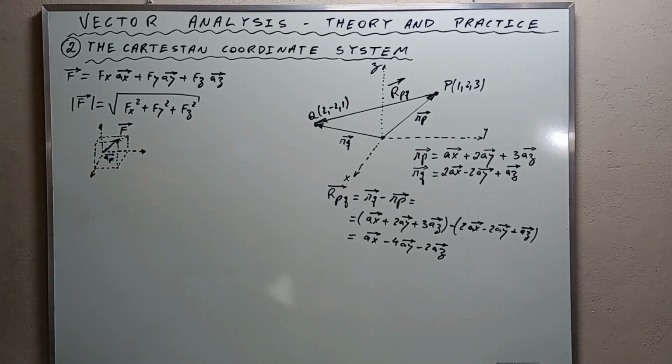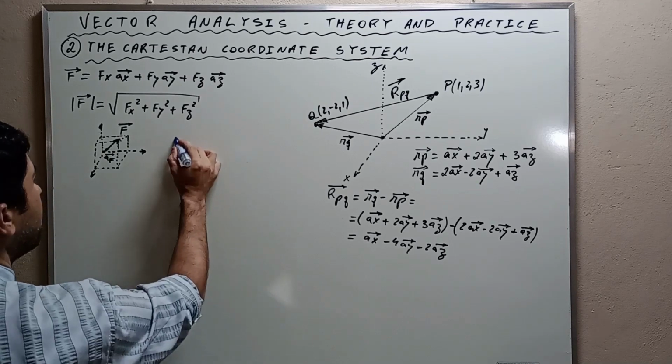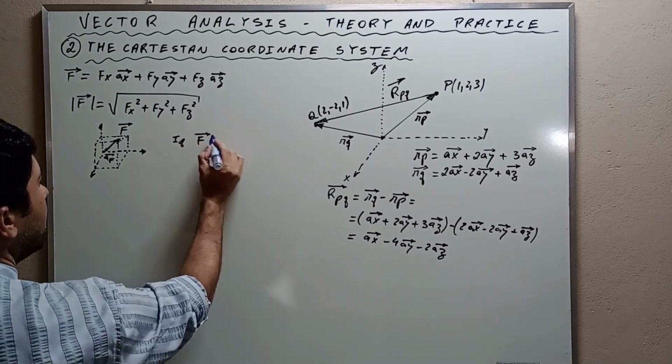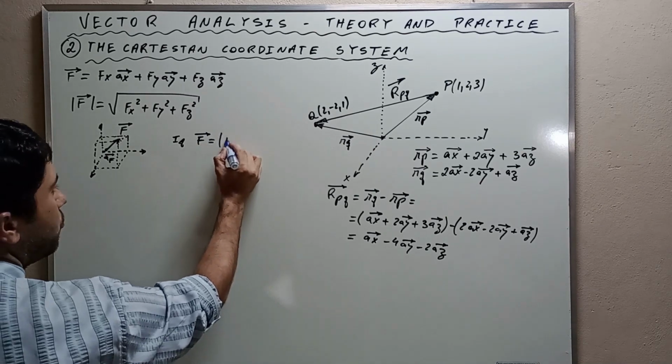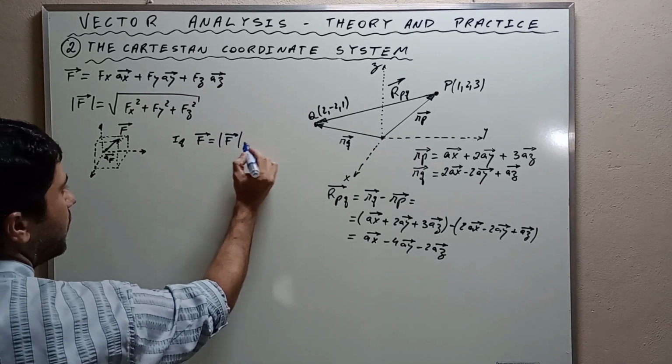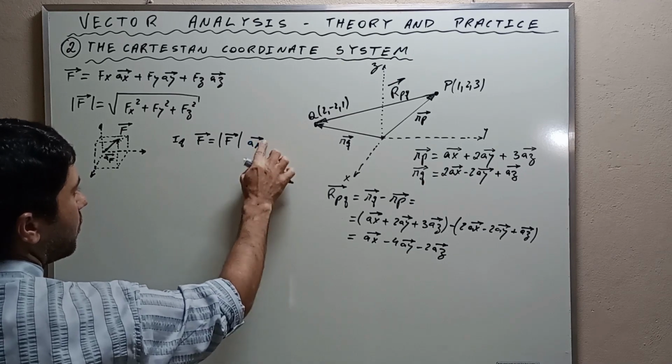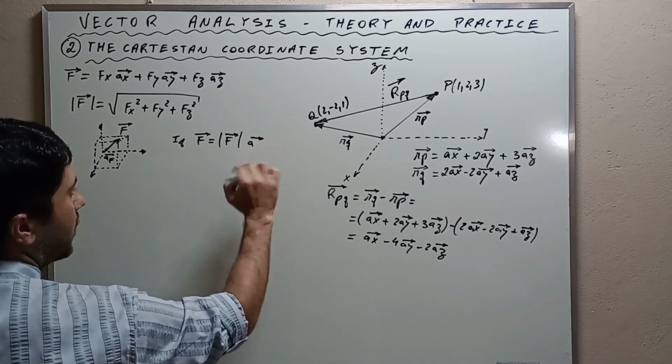This unit vector points in the direction of the vector, and this unit vector can be expressed as F equal to the magnitude of F in the direction of the vector.